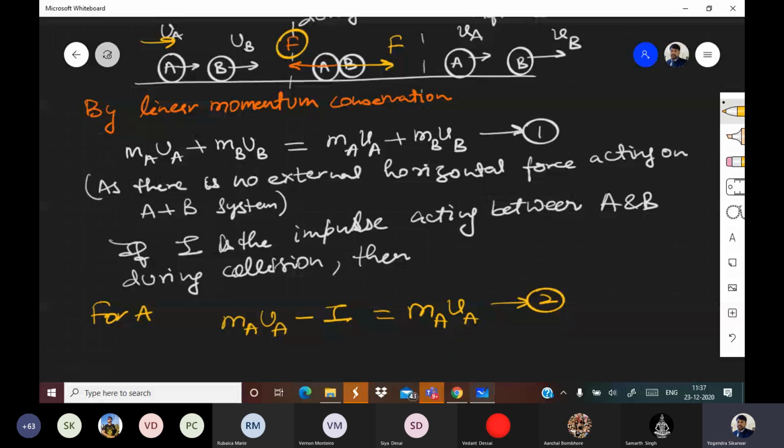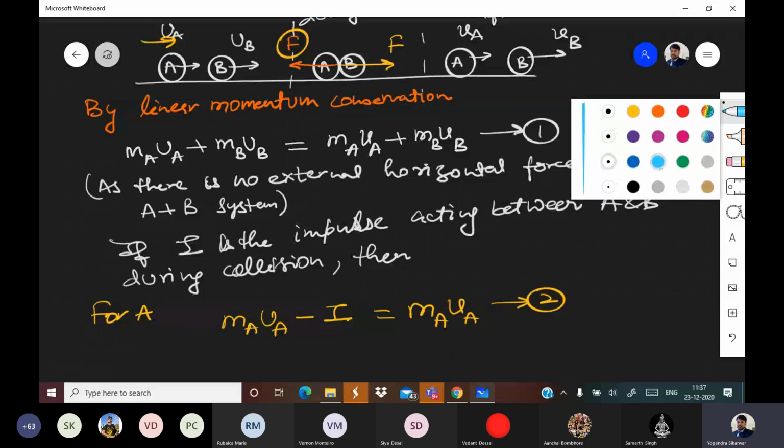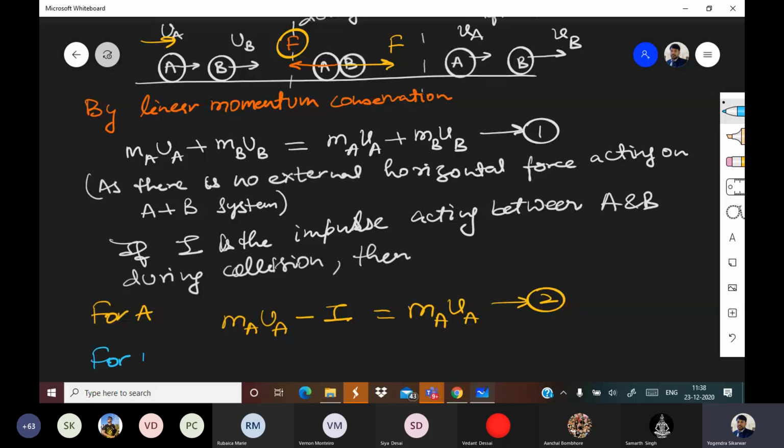Now for B, pay attention everyone. MBUB, this was the initial momentum, correct? Now force on B is in the direction of its momentum. So impulse will also be positive.